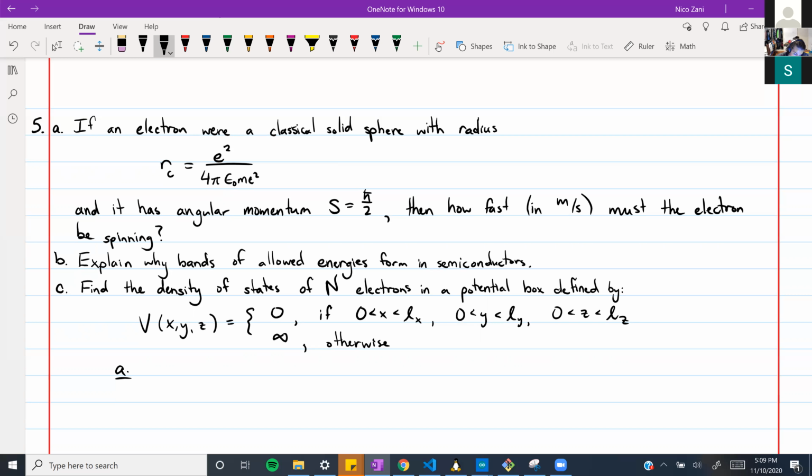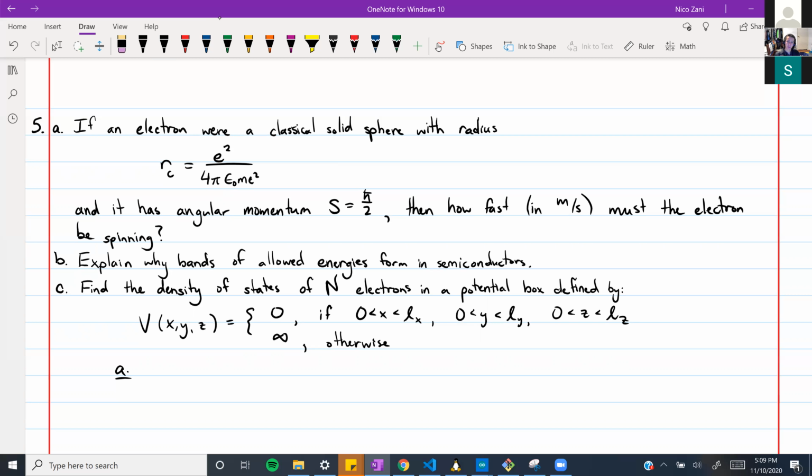We have that if we're going to take the angular momentum of something, then that is just going to be MVR. Or sorry, the angular momentum of something spinning around on itself, right? I realize I actually did this problem wrong in my notes, but that's okay because I can do it right now.